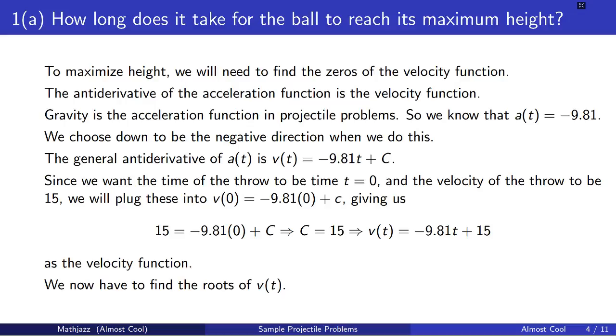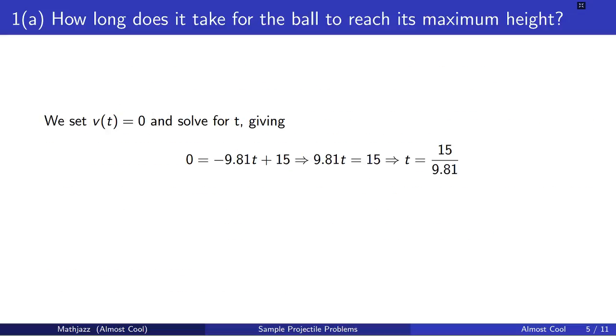We'll now find the roots of v of t so that we can find the critical points of the position function. We set v of t equal to 0 and solve for t, giving t equals 15 over 9.81.